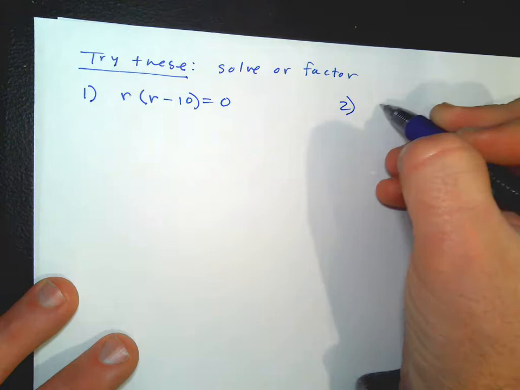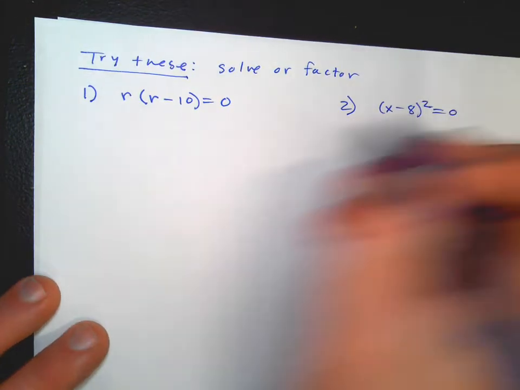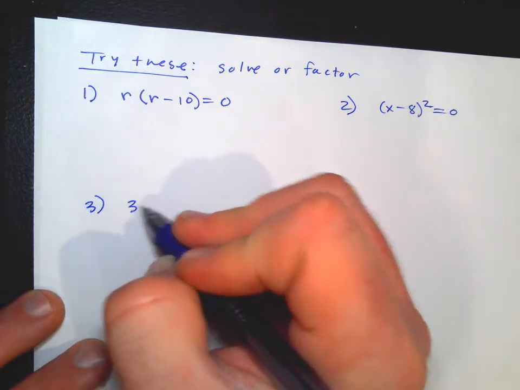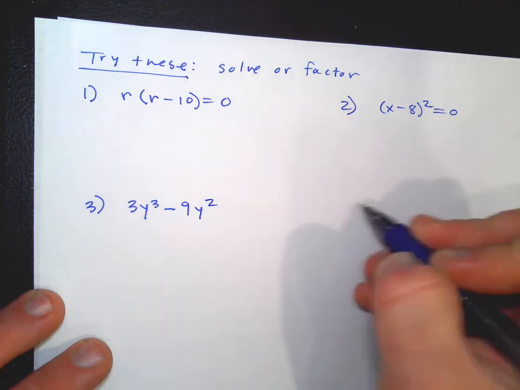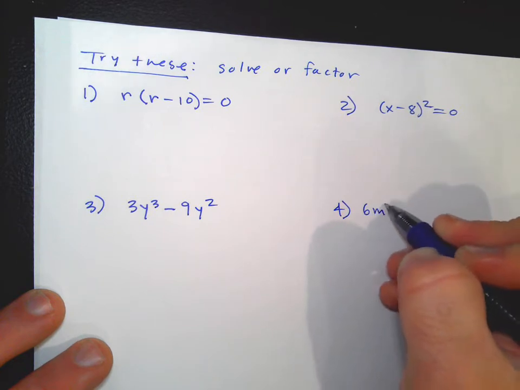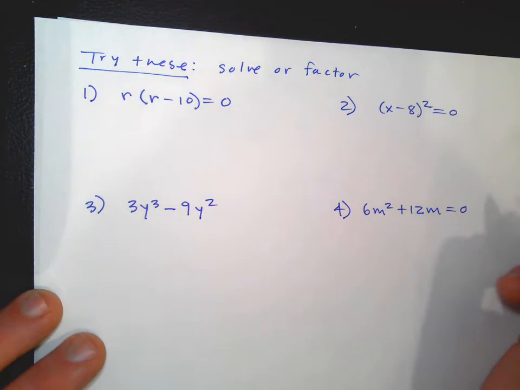Problem 2 is going to be x minus 8 squared equals 0. Problem 3 is going to be 3y cubed minus 9y squared. Problem 4 is going to be 6m squared plus 12m equals 0.